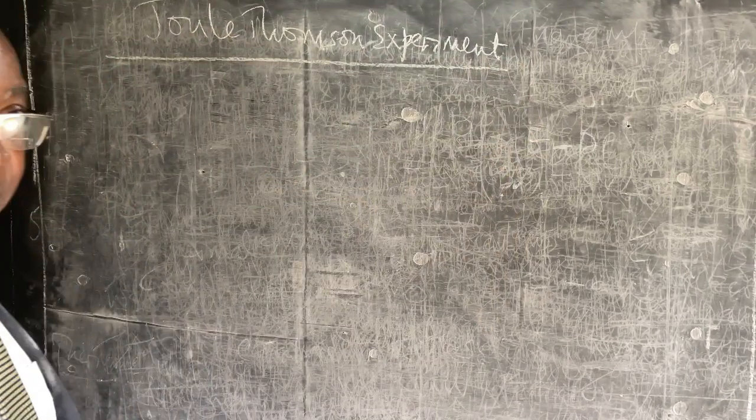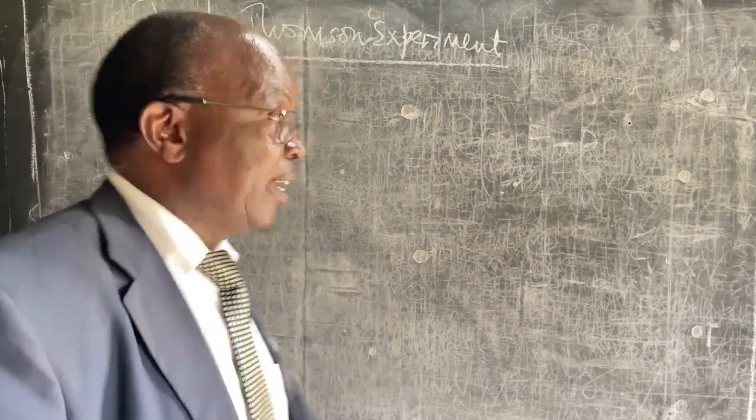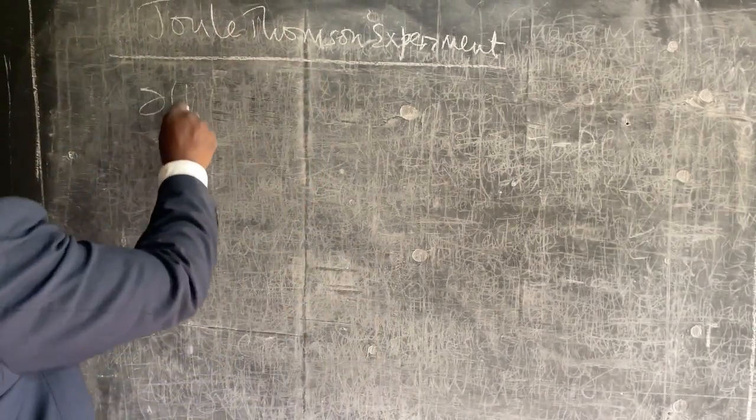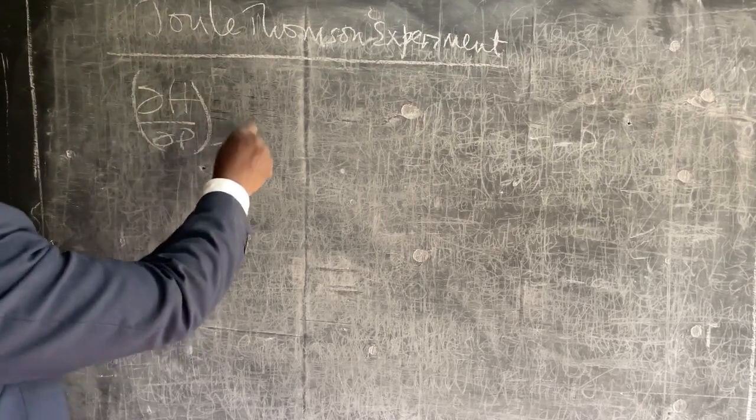The basis of this particular experiment comes from our previous derivation in the other lecture, where we have this coefficient which we have not solved, that is del H, del P, T constant.